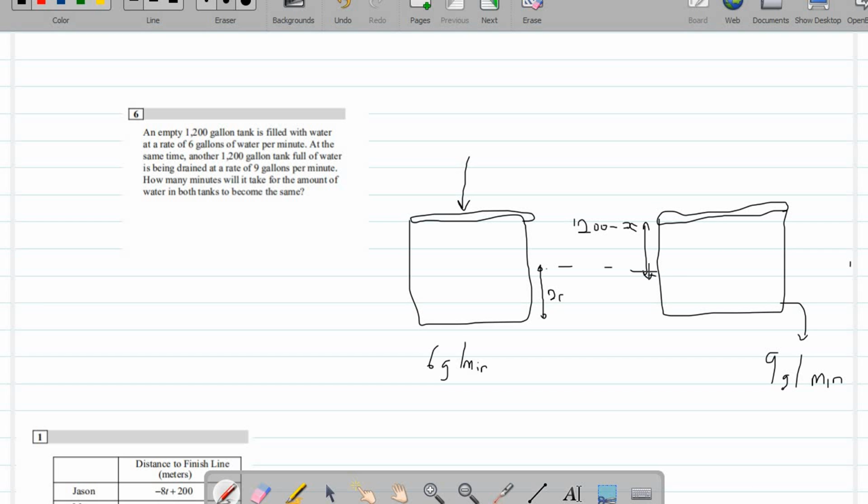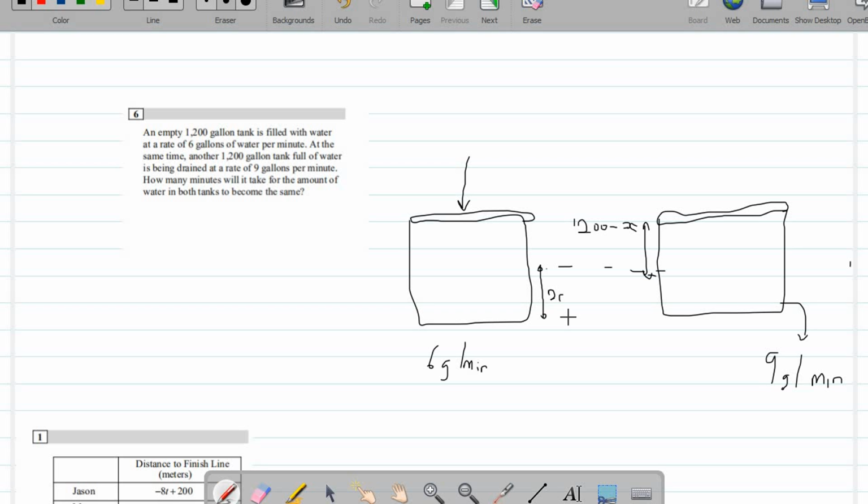Now, for this other gallon to be at the same level, we're looking at the entire thing, 1,200 minus this distance, minus this distance is the x. So everything here, for it to drain from here to here is 1,200 minus x. So it's draining 1,200 minus x, while this one is filling x.